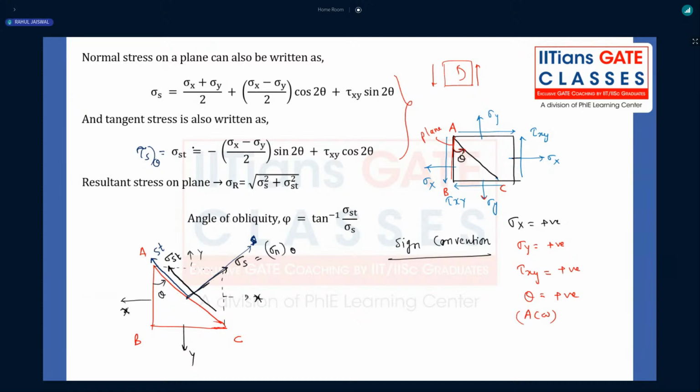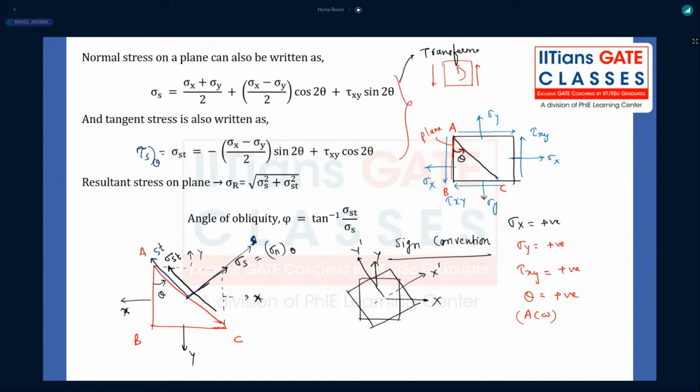Initially your coordinates are X and Y. Now you have tilted this element in the anti-clockwise direction, so X is also tilted and becomes X dash, and Y is also tilted and becomes Y dash. So we are transforming from X and Y coordinates to X dash and Y dash coordinates. That is why these equations are called transformation equations.